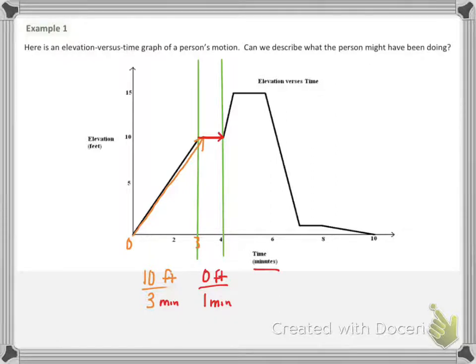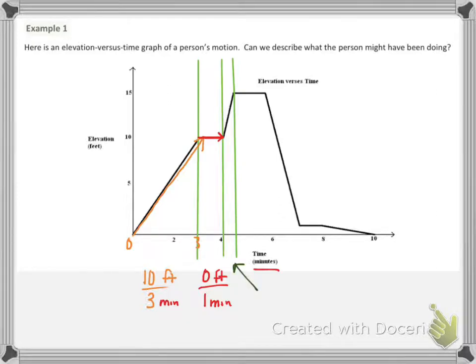Okay, and then let's see. We've got another time interval here. That's going to be about right there. And that's going to be less than a minute. Probably, I don't know, maybe 30 seconds. So that time interval, there is a change in elevation.